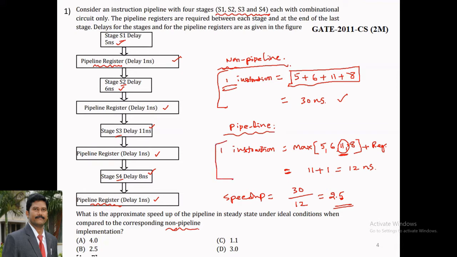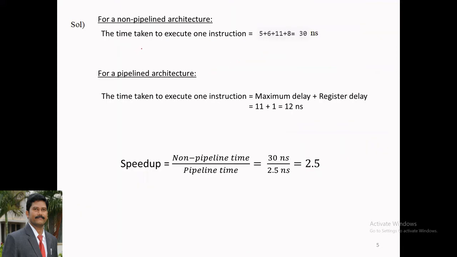So 30 by 12, non-pipeline by pipeline, gives 2.5 as the speed up, so option B is correct. The time taken in the pipeline equals the maximum stage delay plus register delay, 11 plus 1, 12 nanoseconds. Speed up is 30 nanoseconds divided by 12 nanoseconds, which equals 2.5.